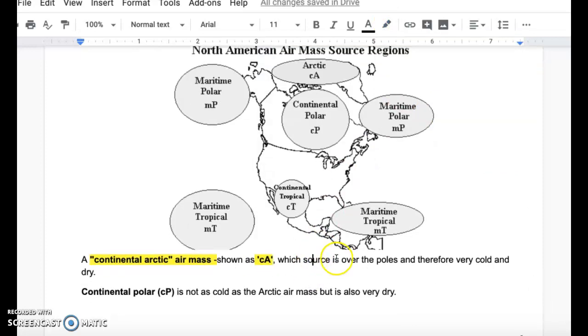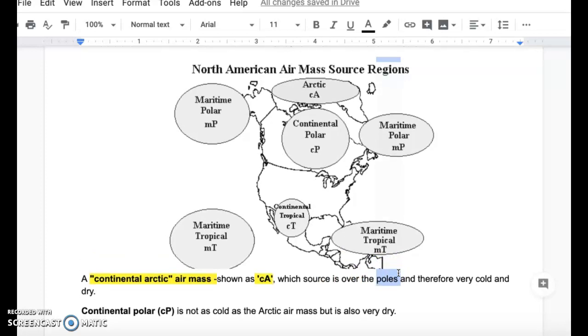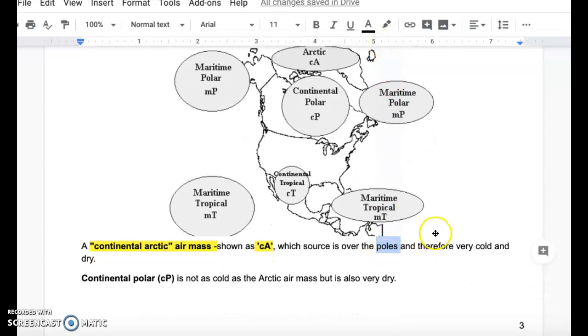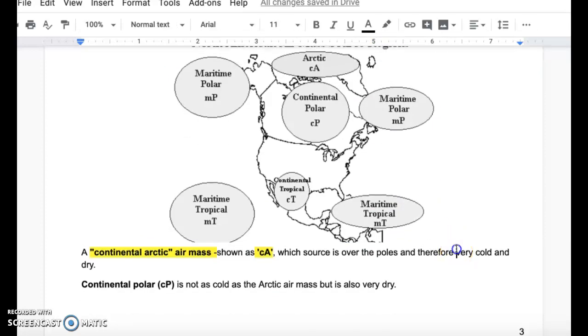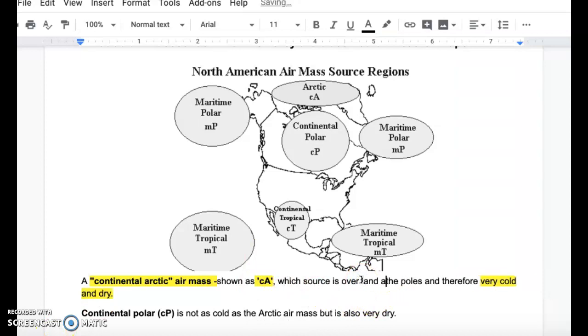Which source is over the poles and are therefore very cold and dry. Over land that is near the North and South Pole.